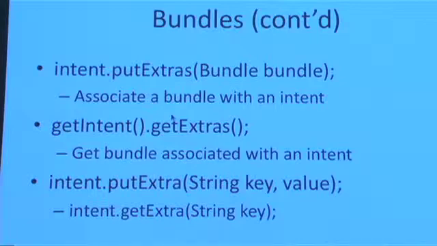And the next thing, when you're actually in the other class, when you want to retrieve everything from your bundle, you can use this second bullet point command, getIntent().getExtras, and this gets the bundle that you associated with an intent. And this last one on this slide is intent.putExtra, string key, comma, value. So this allows you to manually put the extra in there.